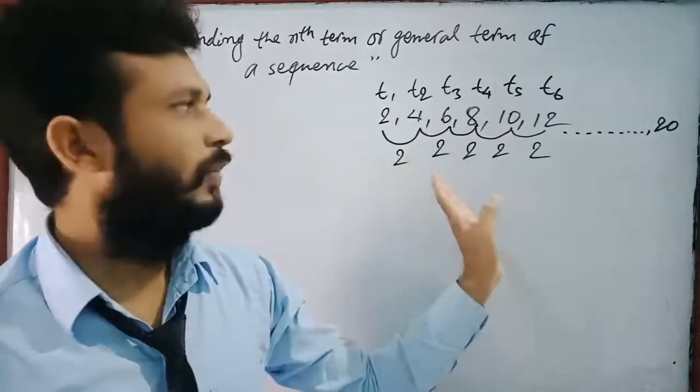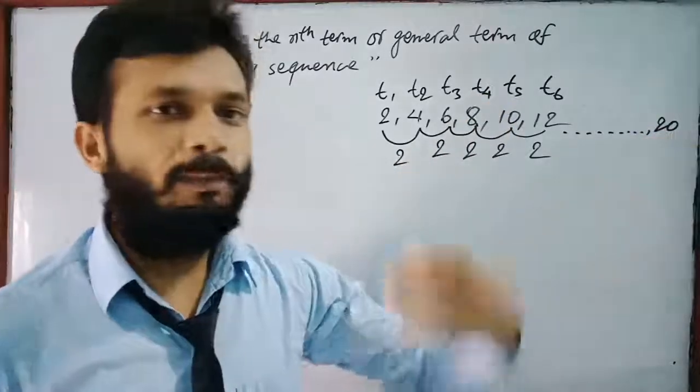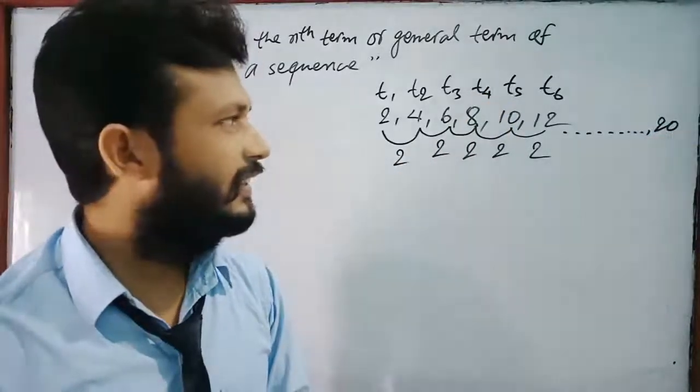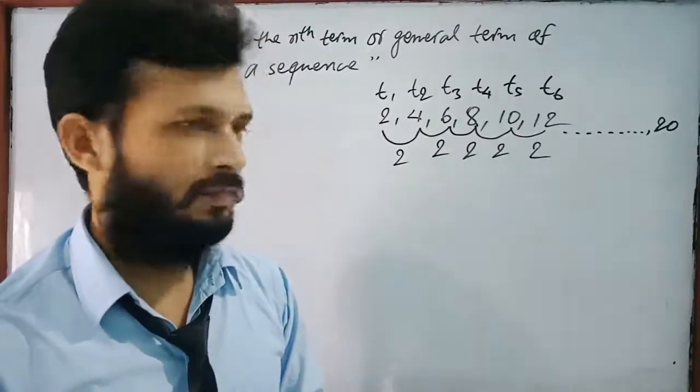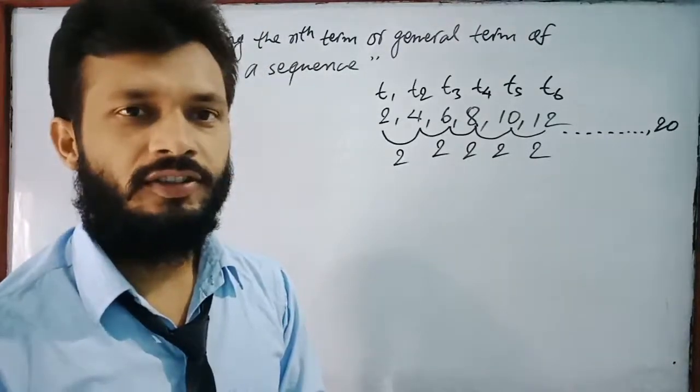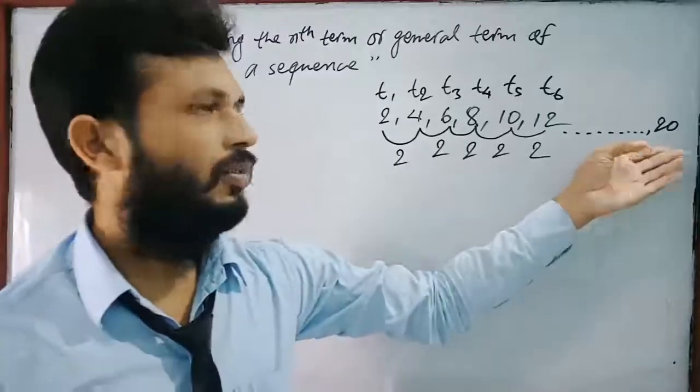Understood? In this way, what is the place of 20? What is the place?